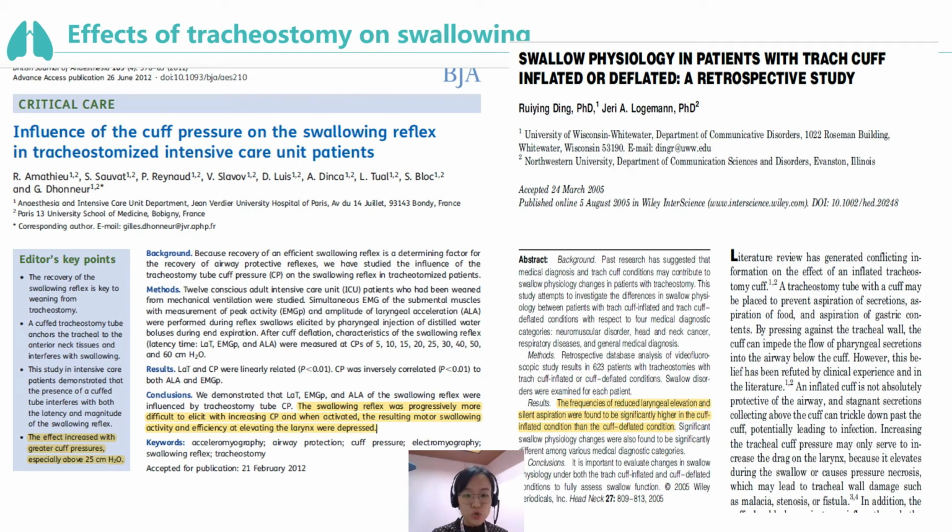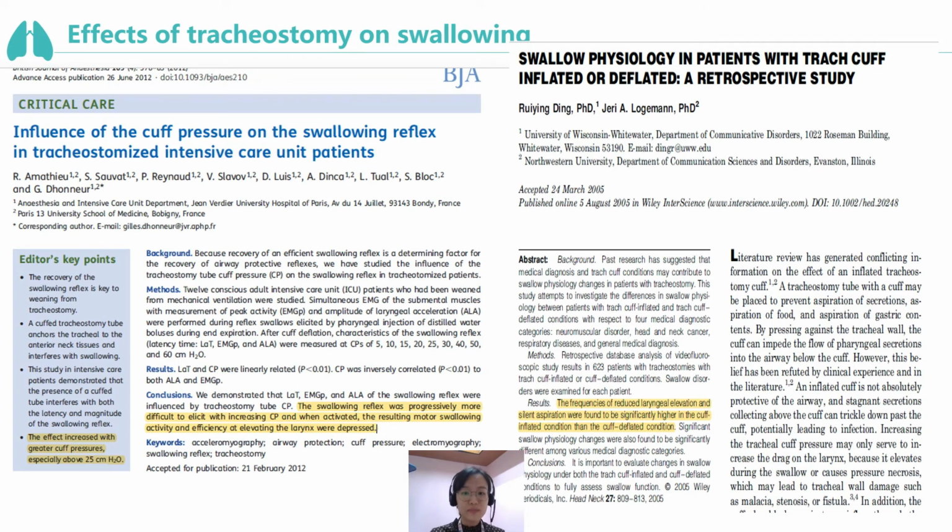The swallowing reflex was progressively more difficult to elicit with increasing cuff pressure, and when activated, the resulting motor swallowing activity and efficiency at elevating the larynx were depressed. You know that just now in pharyngeal swallow, the larynx needs to move upward and forward. So imagine if there's a tracheostomy anchored at the larynx, it's going to give some friction for that movement.